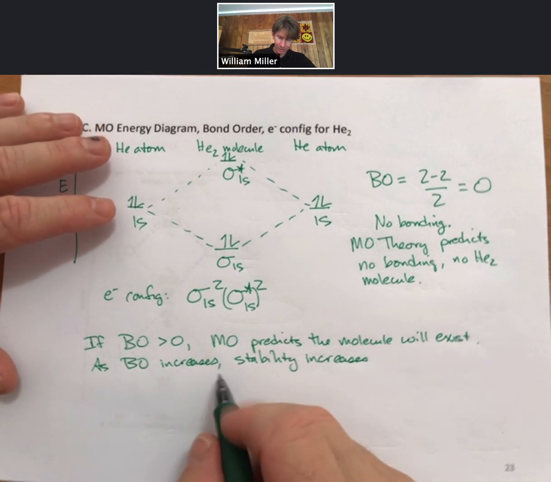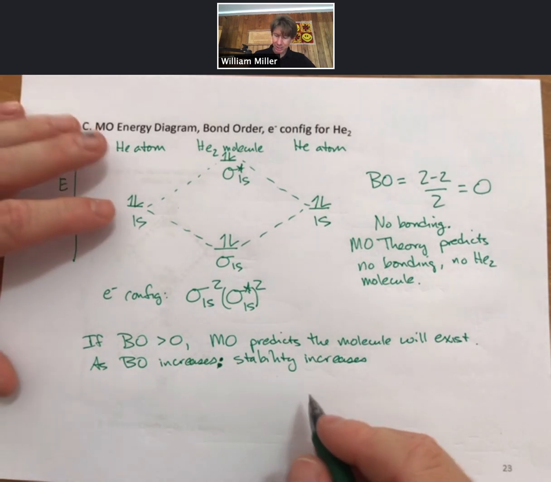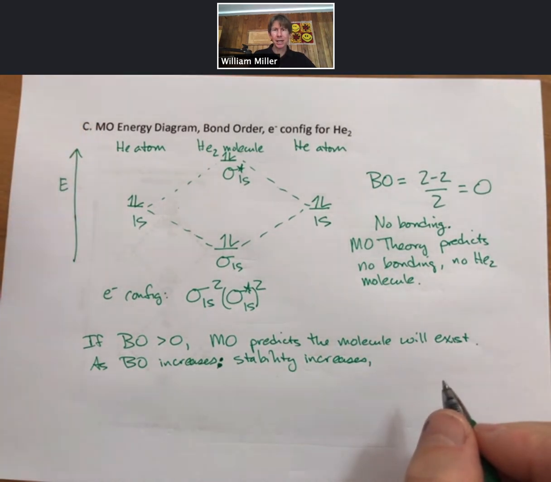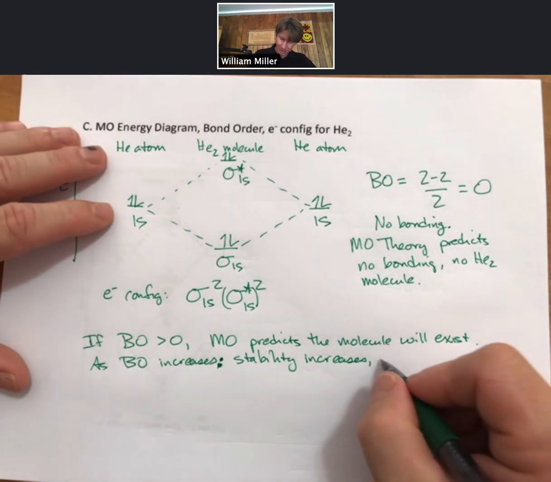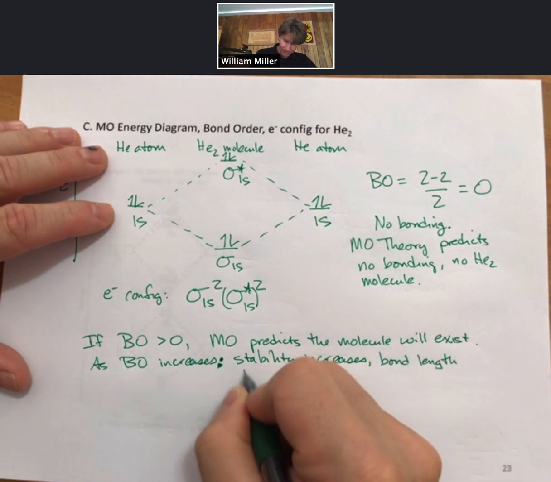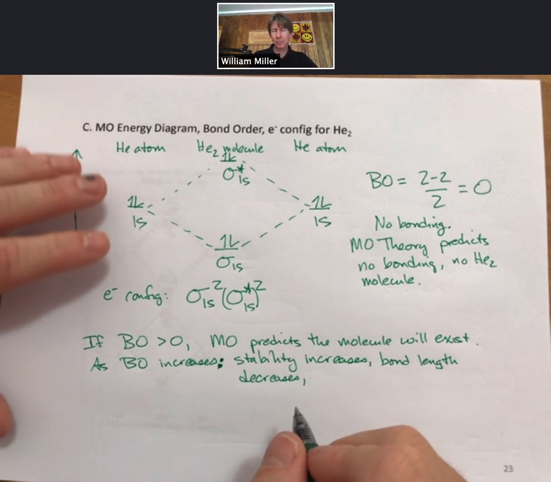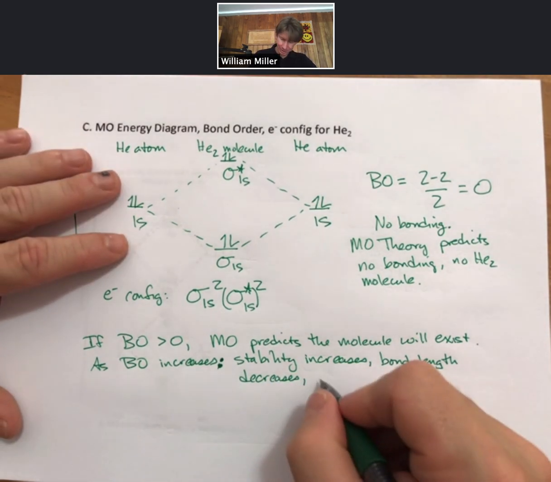So stability increases, bond length decreases, and bond strength increases.